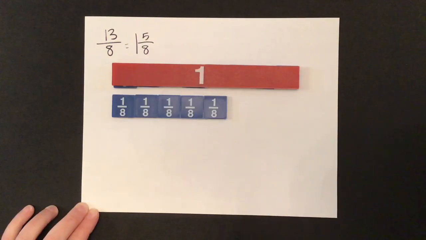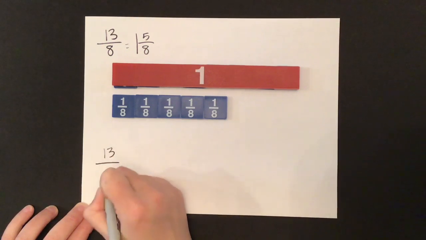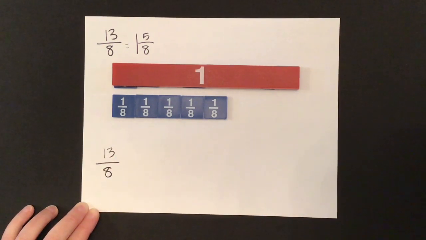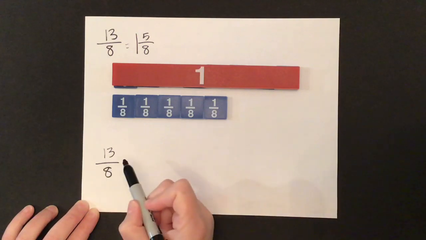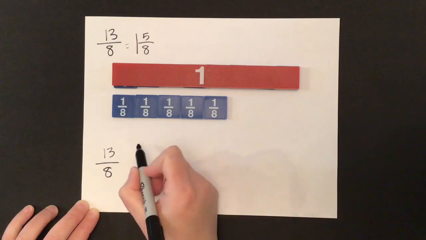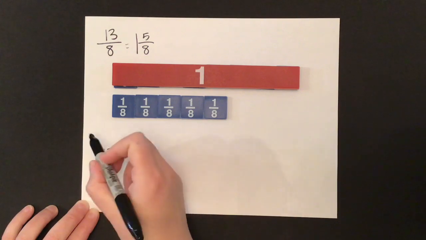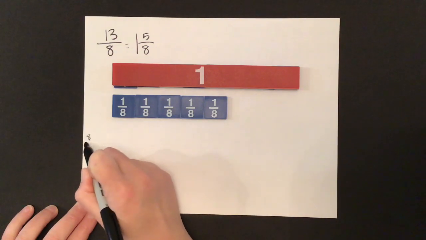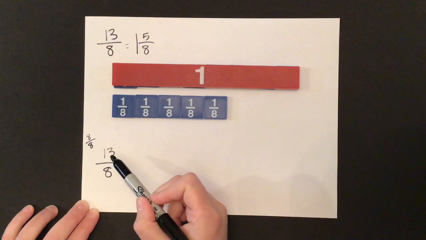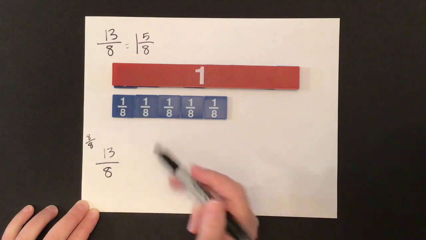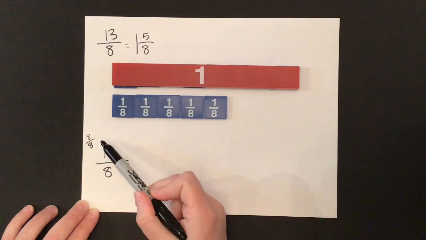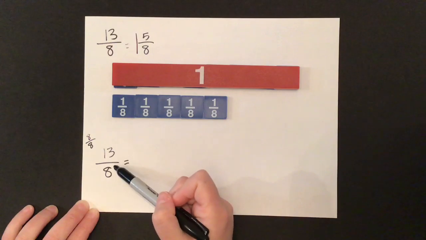If I wanted to figure that out without using fraction bars, I could just think about the number of pieces it would take to make a whole. So I know that 8/8 equals a whole. Sometimes we write that even up to the side just to keep track of it. 8/8 is 1 whole. If I go to 2 wholes, that would be 16/8.